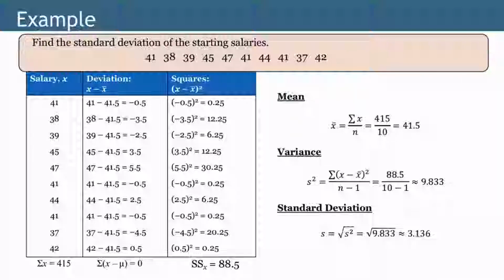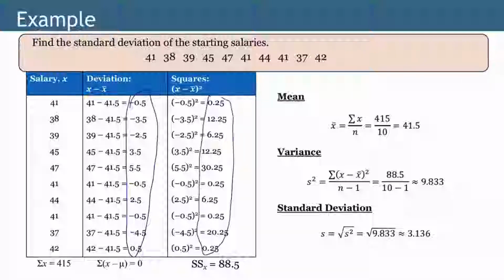So you can see in this column, I did all the deviations, and then we squared them to get everything in this column, and then we added all those up to get the sum of the squares, which is the same thing as this top number up here, right? So there it is. I got that top number up there. In this case, it was a sample size of 10. So it's 10 minus 1 on the bottom. And so your variance is 9.833. Your standard deviation is 3.136.